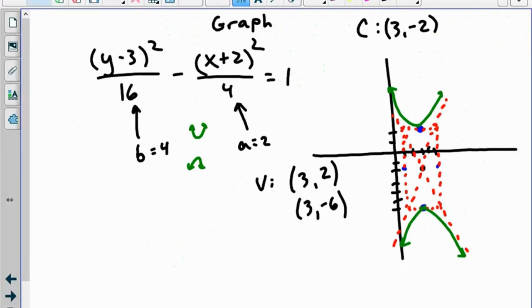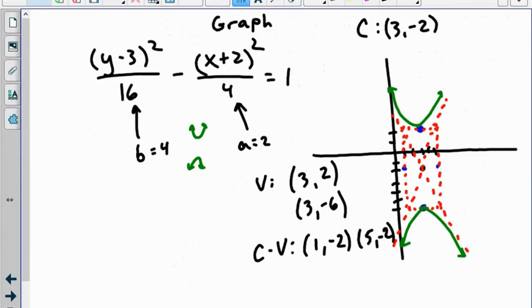And I should be able to see that from the graph. The covertices are going to be left and right. So that means my x is going to change. So it's going to be at 1, -2, and 5, -2, which is clear from the picture. And then we'll talk about focus points in a second.